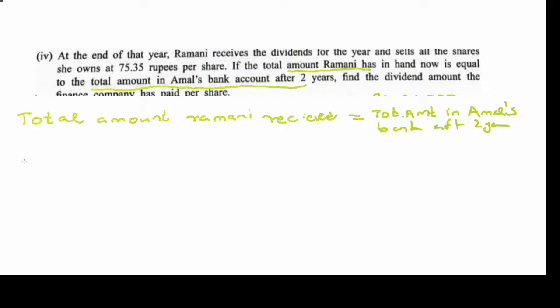Right. So the total amount Ramani received is the total amount in Amal's bank account after 2 years. Do we know the value of this? Yes, we do know. Where did we calculate that? That is what we calculated in Roman 2. So it is just a matter of bringing Roman 2's answer.